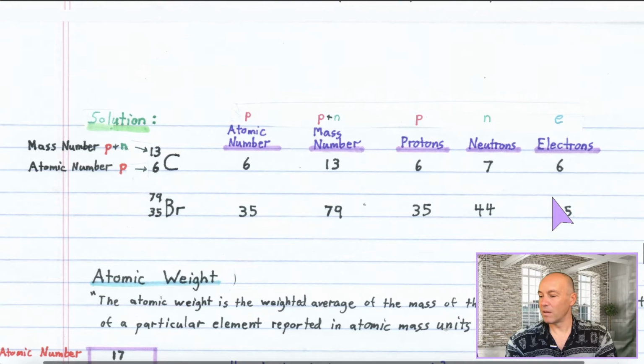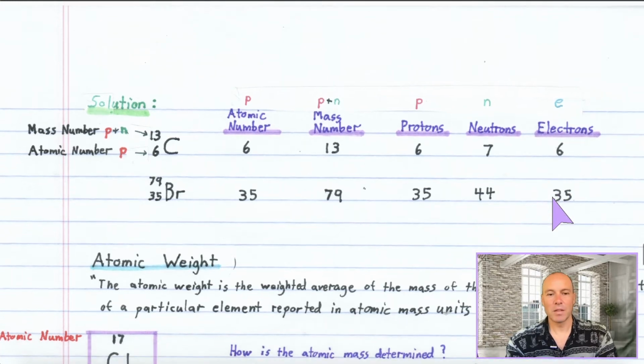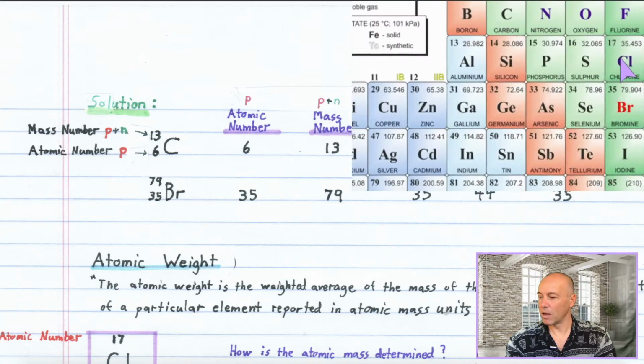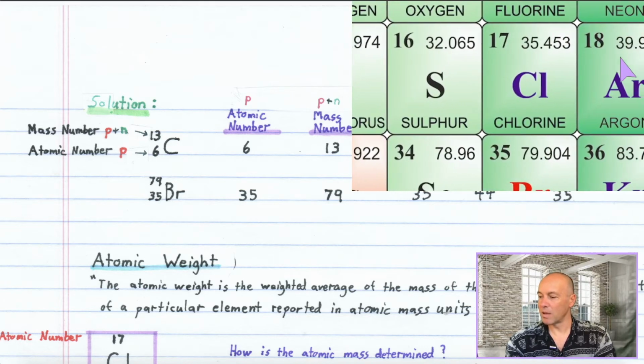Now, there is something called the atomic weight, which is listed in the periodic table. Let's take another look at the periodic table. So here's the periodic table, and if you zoom in on any one element, say chlorine over there, chlorine is element 17.